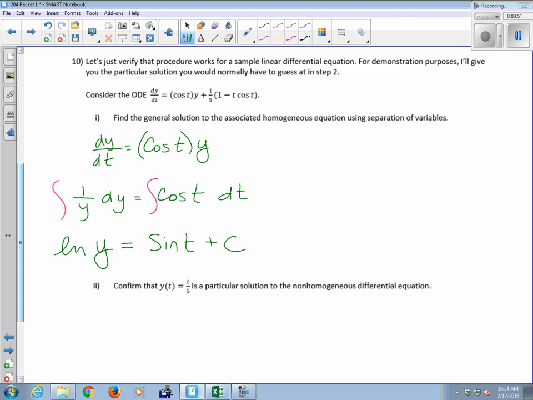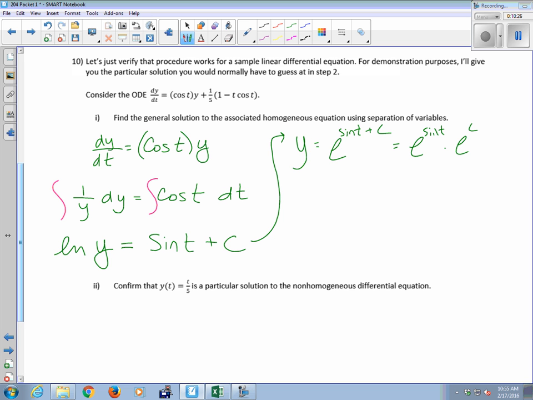Let's see, yep. All right, how do I solve this thing for y? Raise e to both sides. So I get y equals e to the sine of t plus c. And then you can separate it. We do this trick that comes up a lot where this could be rewritten as e to the sine of t times e to the c, because when you have like bases, you would add the exponents.